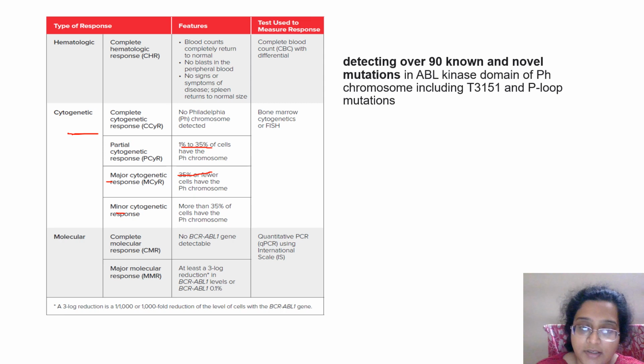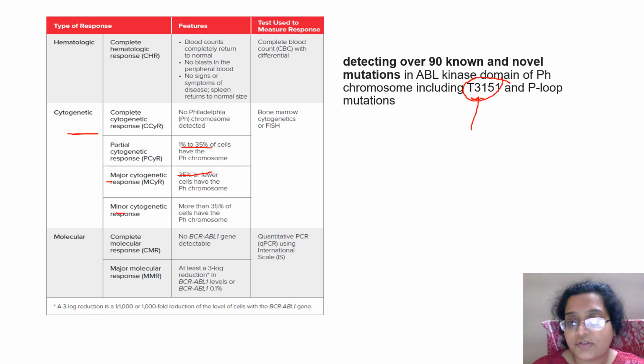If there is less than 3 log reduction then it is no response or partial response. Okay, and an important point is T315I, because imatinib resistance occurs when there is a mutation in this protein over here. In such cases you need to upgrade to dasatinib, nilotinib and others, and they are poor responders. It is a poor prognosis if imatinib is resistant.